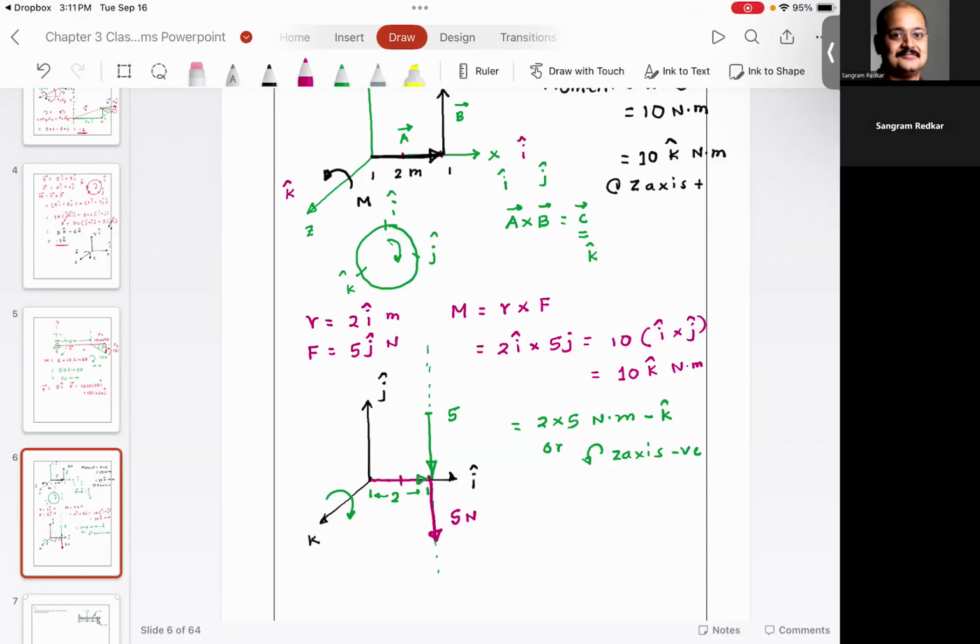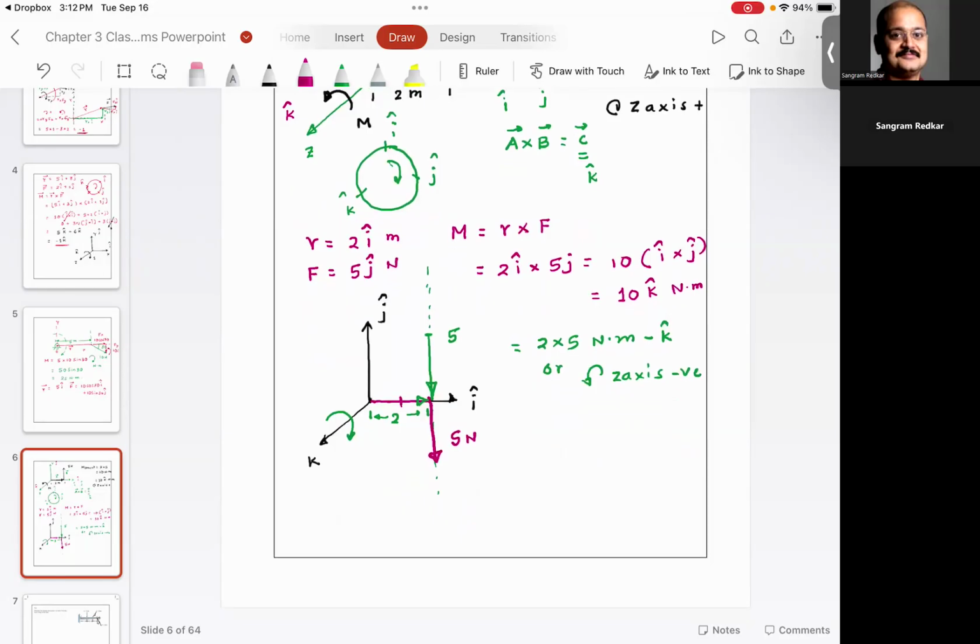So it is absolutely possible to move the vector along the line of action. So you can actually take this force and move it around the line of action so that the end of the first vector, it always has to be radius, because you are taking the radius cross F, so the end of the first vector is the beginning of the second vector. Everyone understood this? So you can extend the vector in the line of action of force.